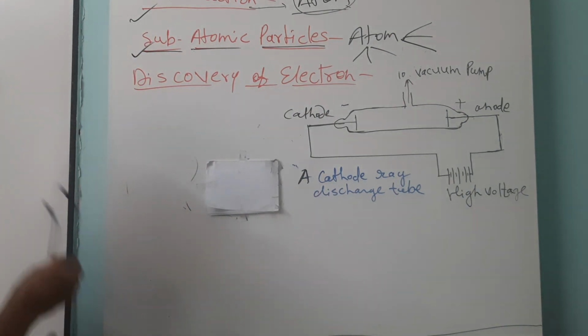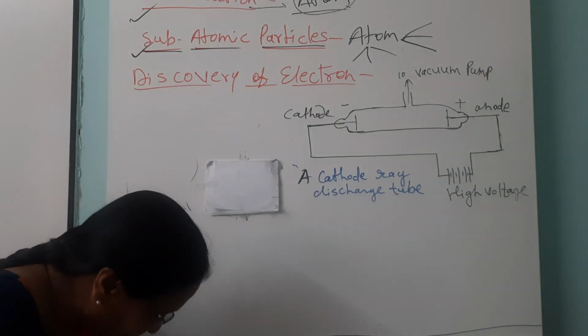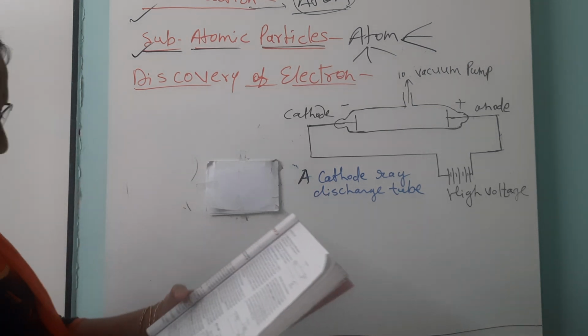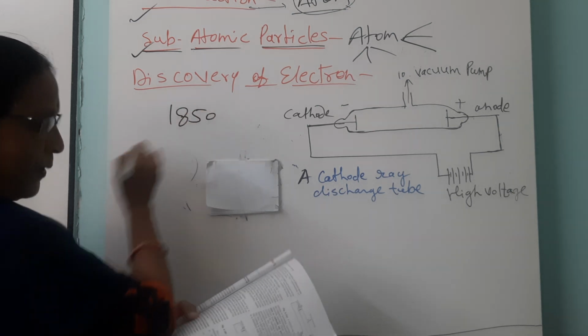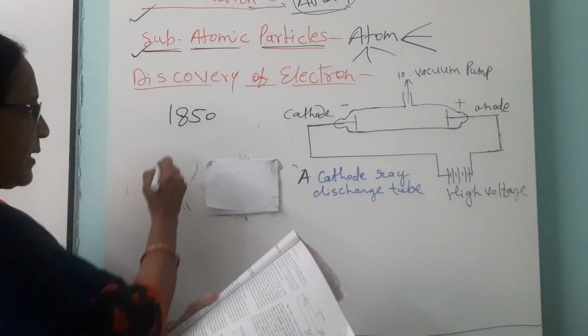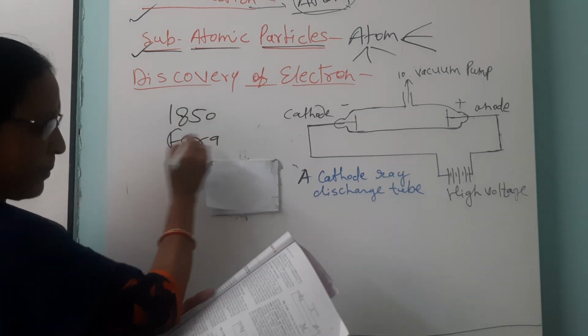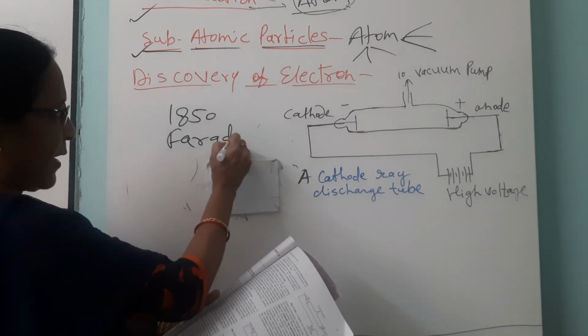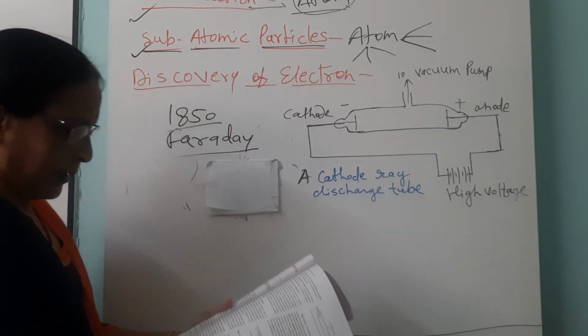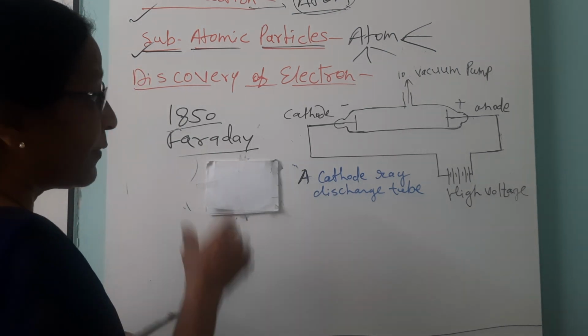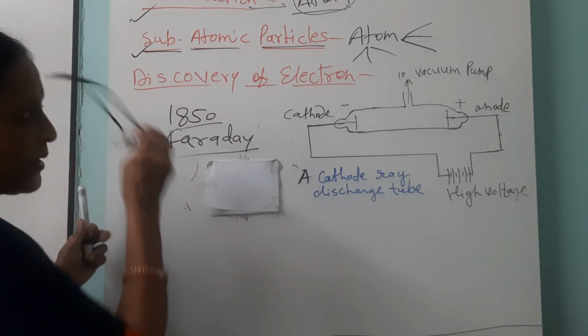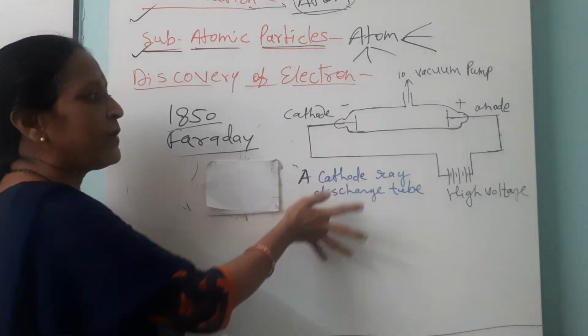In the 1850s, the scientist Faraday, you have to remember this, students, first did the cathodic ray experiment. This cathodic ray experiment is very easy.